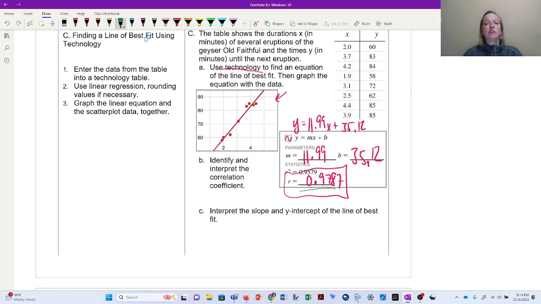So coming down here to look at our correlation coefficient for this example, the R value is very close to 1, so this is a good fit. This is a strong correlation. And not only is it a strong correlation, it's a strong positive correlation. So we know that the slope is positive, which of course we knew already from our calculation.